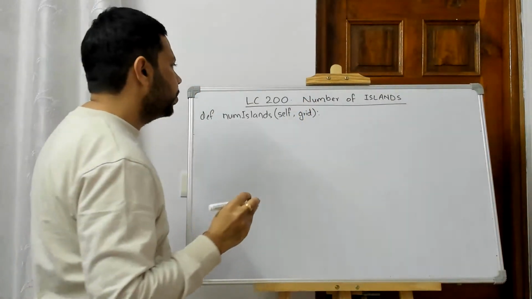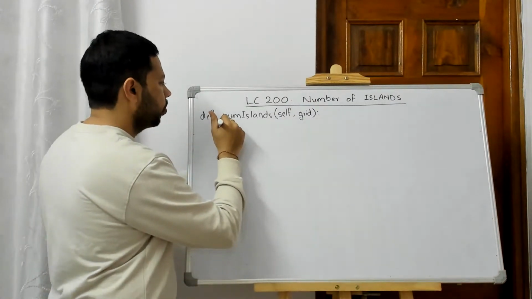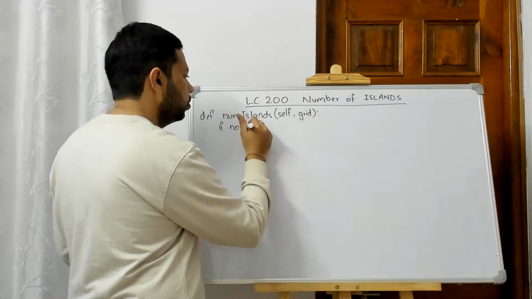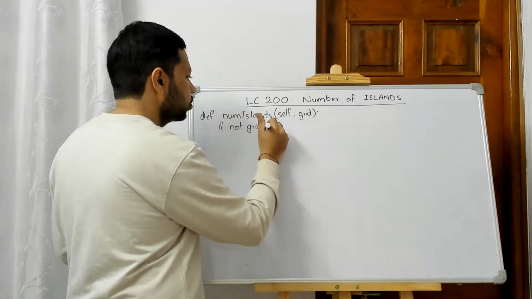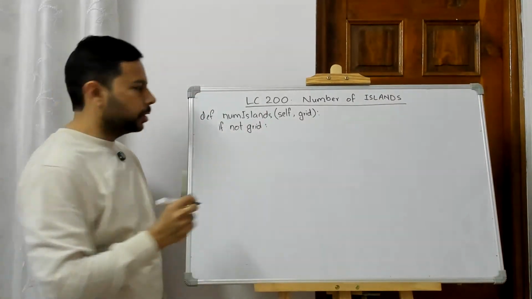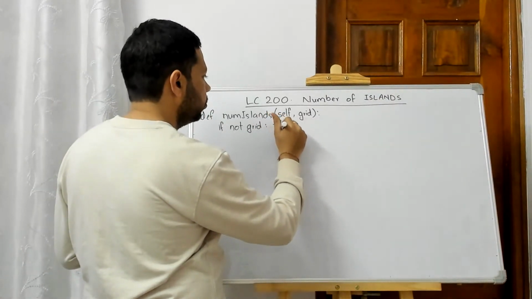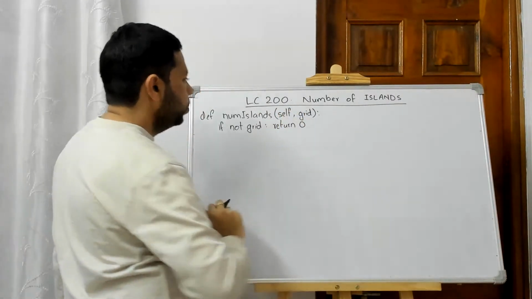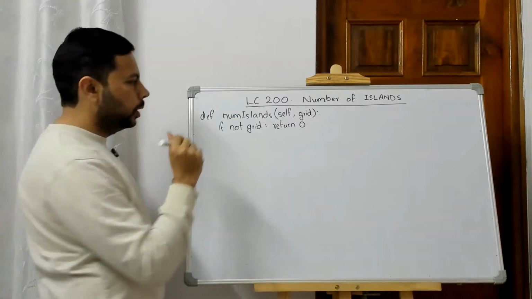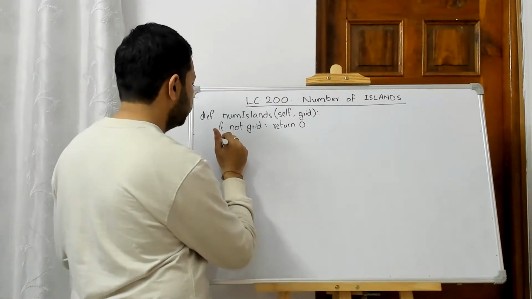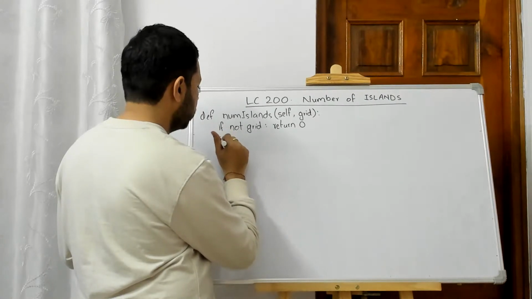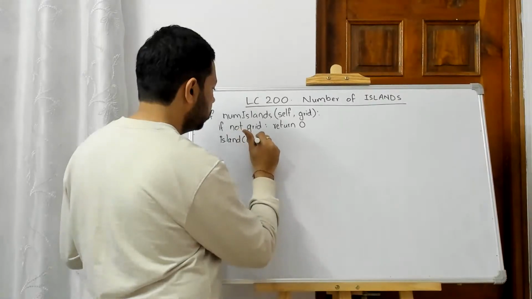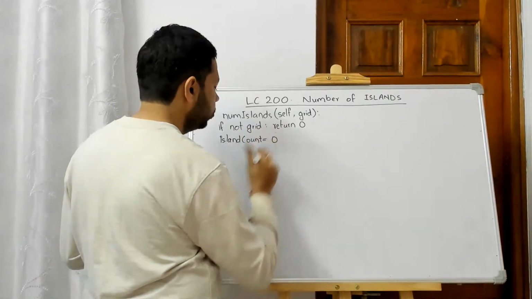The first thing you have to do is, if not grid, if grid is empty, you can return 0. Once this is done, you can do a for loop. You can keep a count of islands. So I'll just call it island count, which is equal to 0.